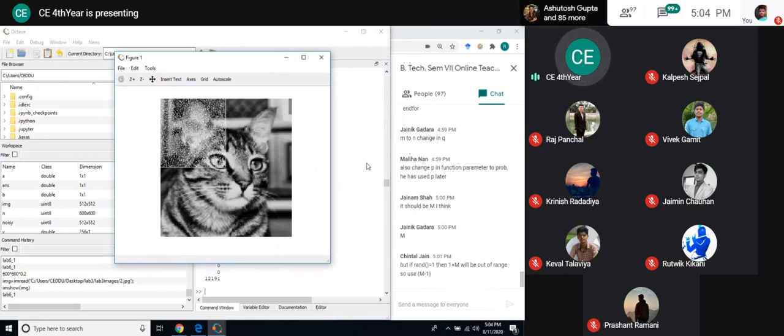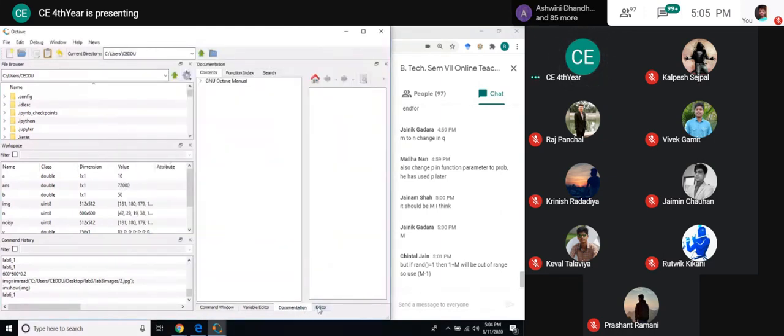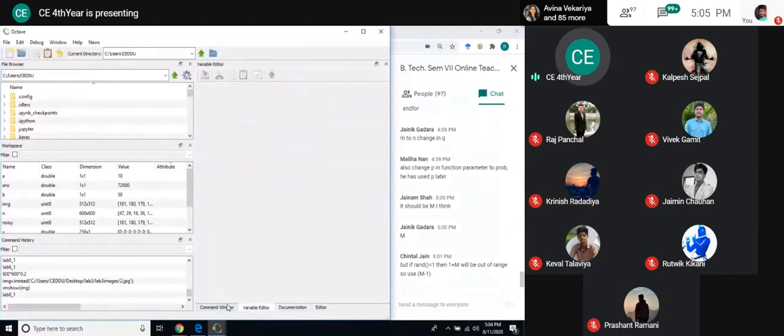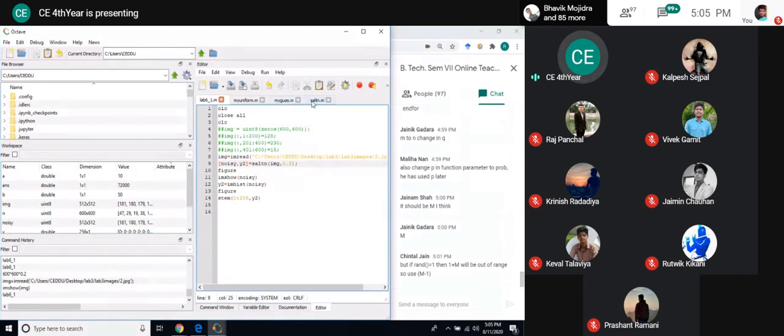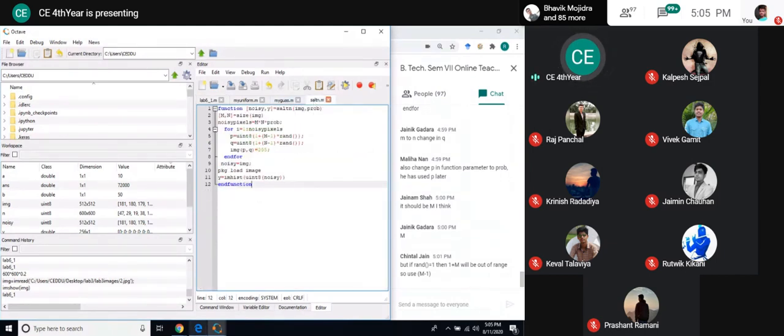What was the problem here? Why did this happen? Noise is generated, but there is some issue. The coordinate values were generated, but there is an issue in the generated coordinates. I can show you the output, and I can show you the code.